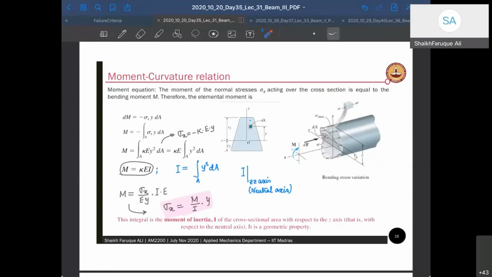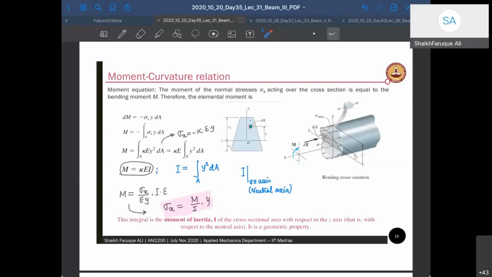That will also follow, but this has nothing to do with linearity. That straight line I said, that normal to the axis will remain normal, has nothing to do with linearity. That has to do with shear stress and bending stress. Now, when you have large shear stress, that line will not remain a straight line even within elastic limit.